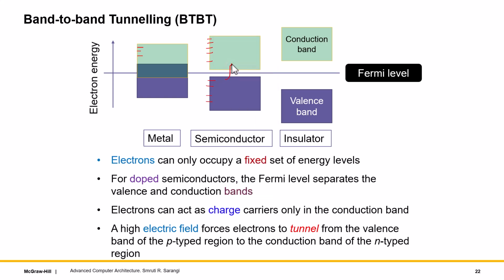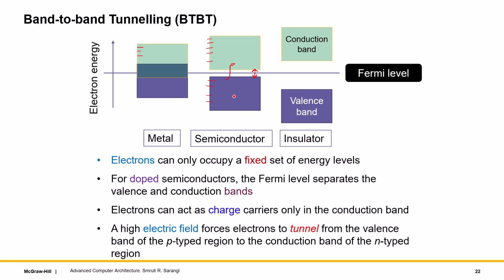And here again, quantum mechanical principles apply: there is a limit on how many electrons can be in which energy level and so on. But the key point is that the distance between them is not much. Because it is not much, with a small push, in a doped semiconductor, electrons can jump across the Fermi level and the semiconductor can temporarily act as a conductor.